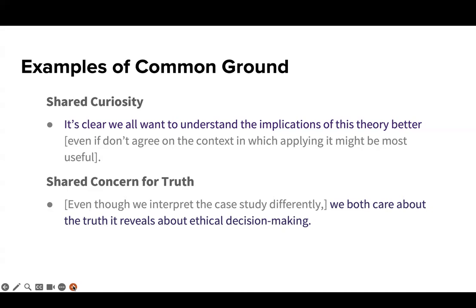So here, in this example, interpretive differences are put at the forefront. Desire for truthfulness and ethical decision making will be the driver. Truth becomes the shared concern for future discussion and consensus.